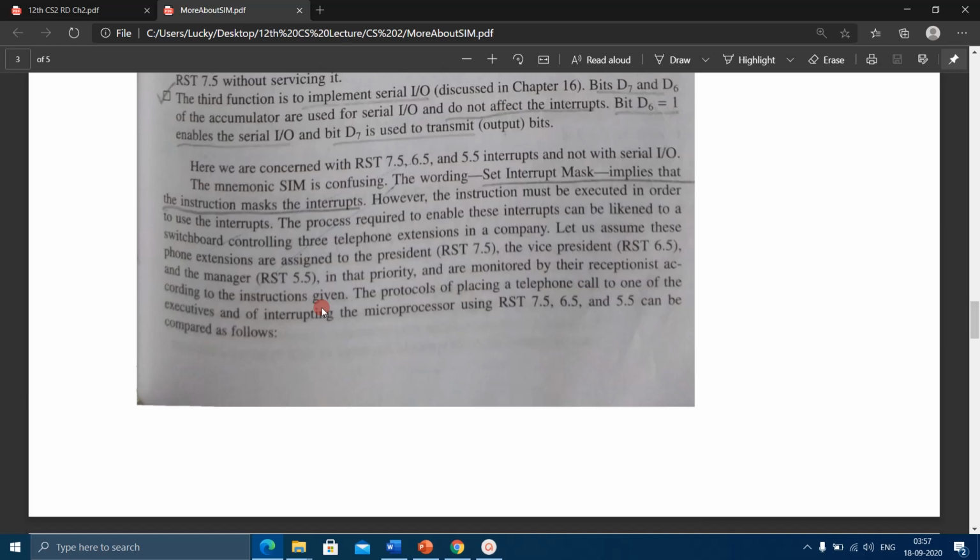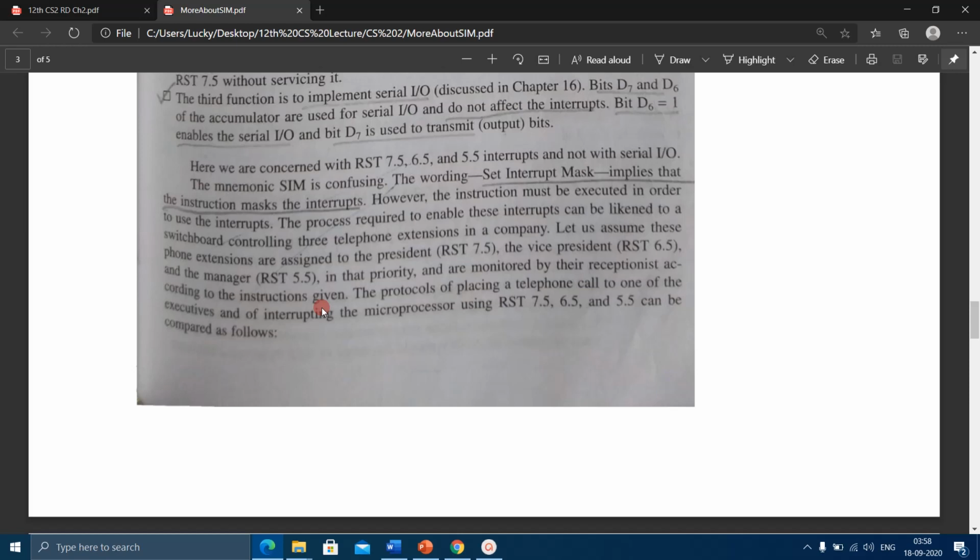Whether the Manager will accept or ignore the call, this instruction will be given by the Manager. Maybe the President is busy with some other work, so he cannot attend the call. So the President will ignore it. Likewise, the same scenario goes with the Vice President and the Manager.